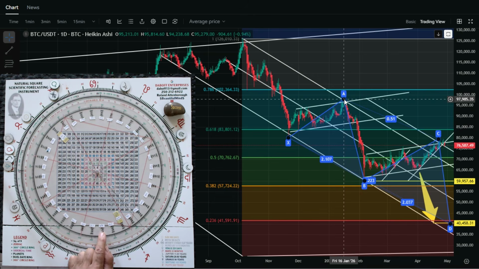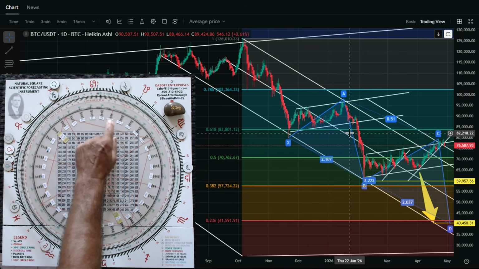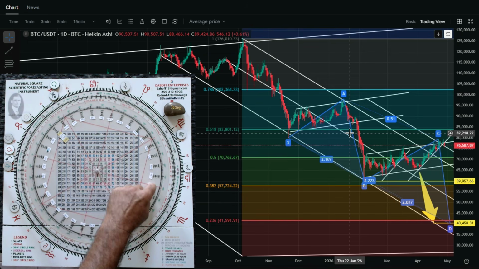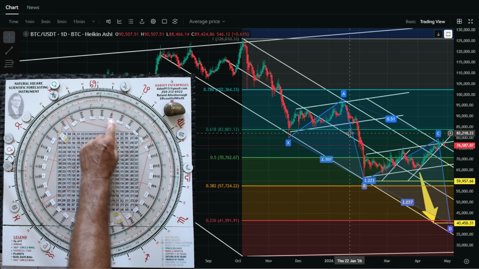Next we would be looking for a break, and if we got below a certain level we would know that we're about to dive down, and that level again is this 82 and 81 level. If we were to get below a 90-degree square in price, then we would likely be falling. And where would that take us?